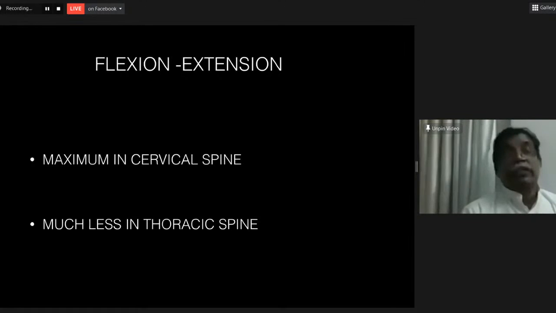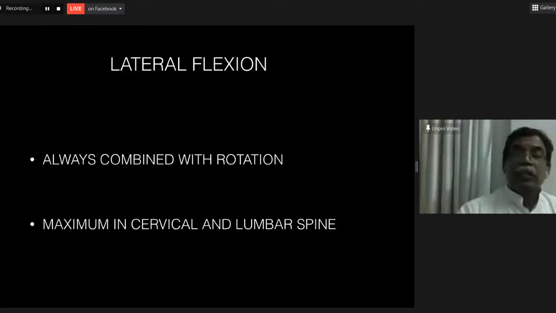There is some flexion extension in thoracic spine, and in lumbar spine, of course, there is significant amount of flexion and extension. Almost always, it is taking on one side. There's a coupled movement.